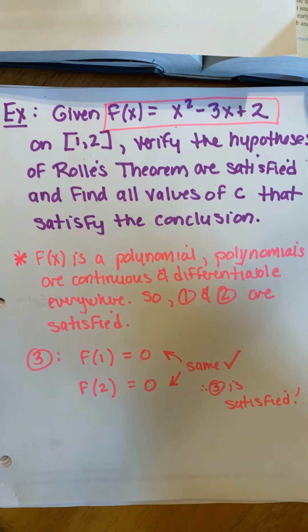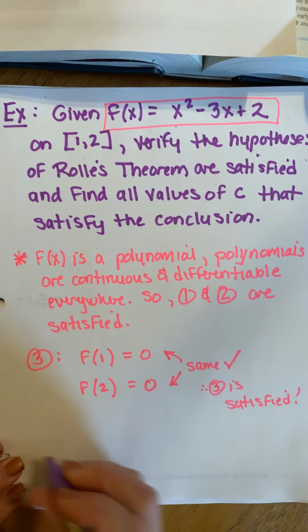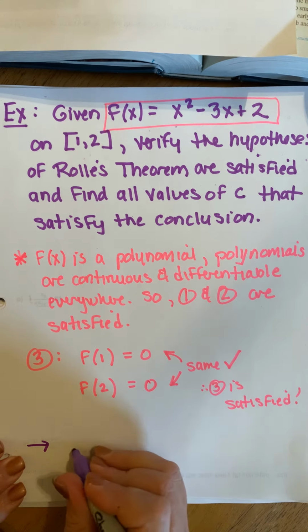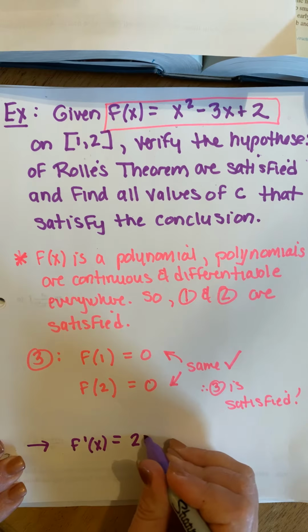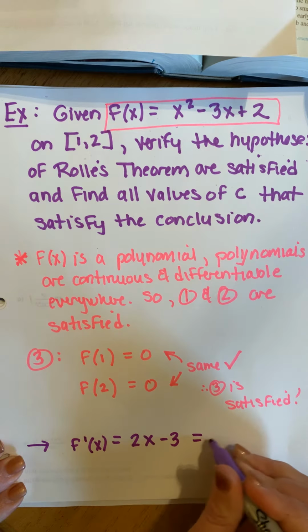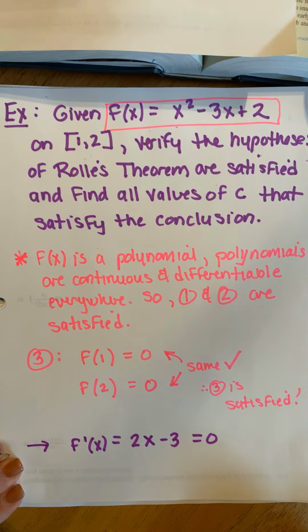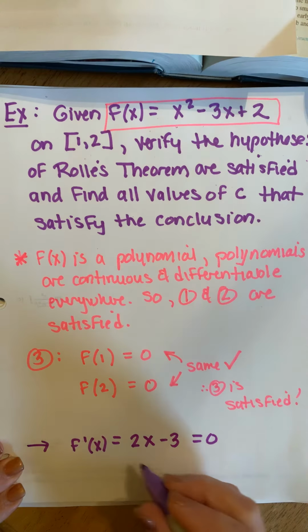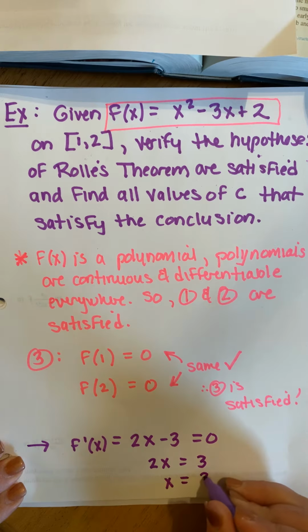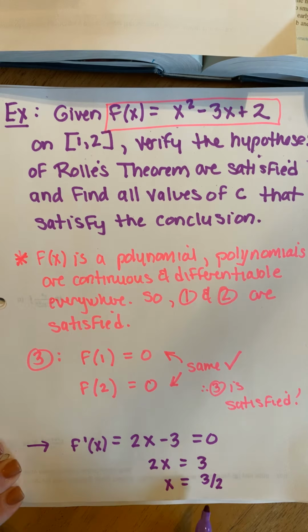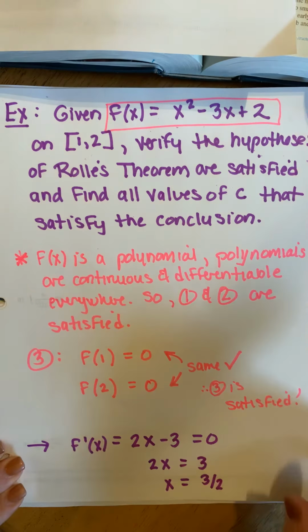So Rolle's theorem guarantees us there's a number between 1 and 2 where the derivative of this function equals 0. So to find that value, we're going to take the derivative, 2x minus 3, and we're going to set it equal to 0. And you'll be guaranteed to get a number between 1 and 2. So we're going to add 3, divide by 2, and we get 3 halves. 3 halves is 1.5, which is between 1 and 2.